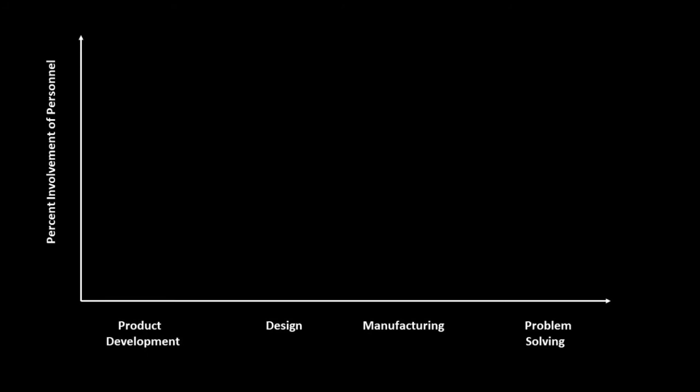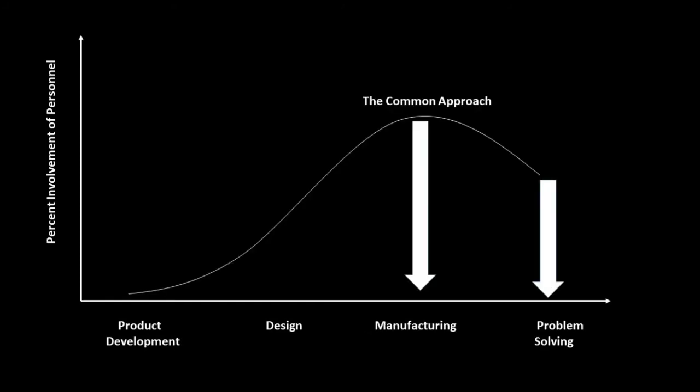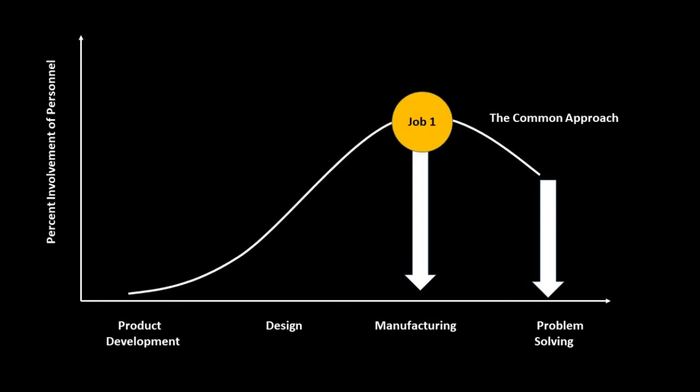If we look at the percentage involvement of personnel in these activities, the trend or the common approach follows this curve here, meaning that our daily activities are primarily manufacturing and problem solving. Particularly problem solving. Of course, manufacturing is number 1 job. But we do much more of problem solving than we do product development and design.